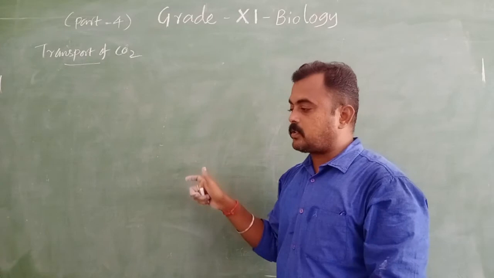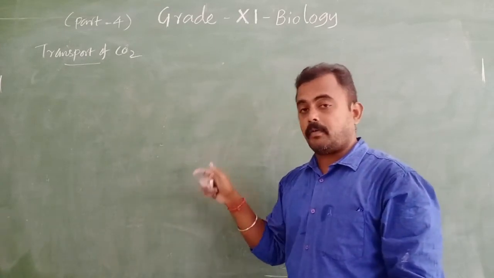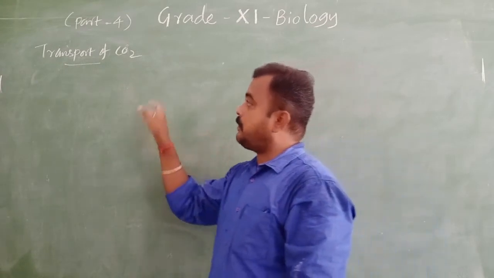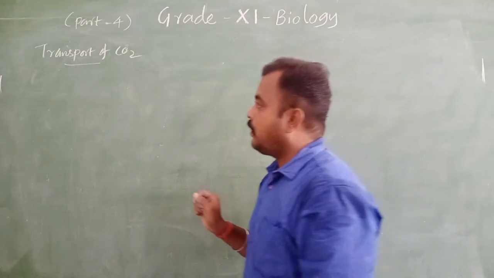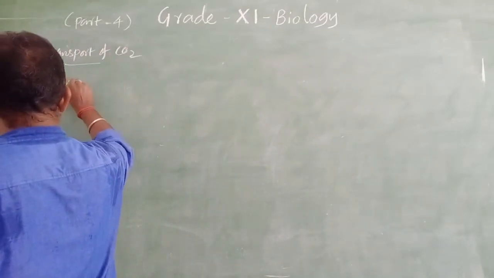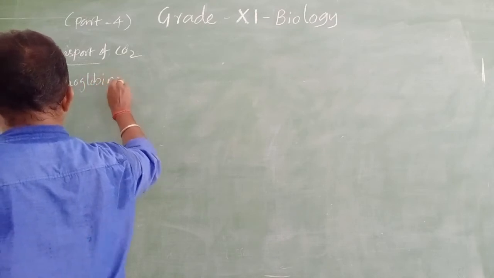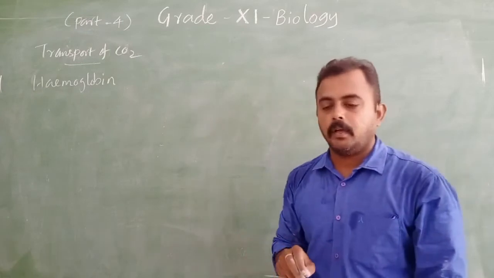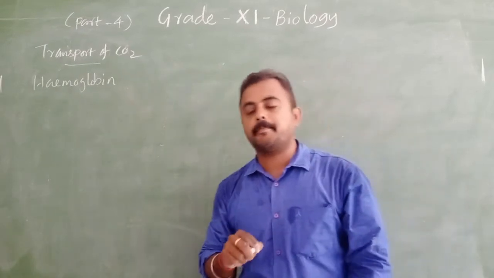Before, we completed how oxygen is transported in our body. Now we are going to see how carbon dioxide is transported. Here hemoglobin is involved. I want to rectify one mistake.